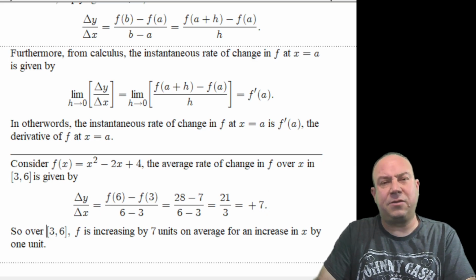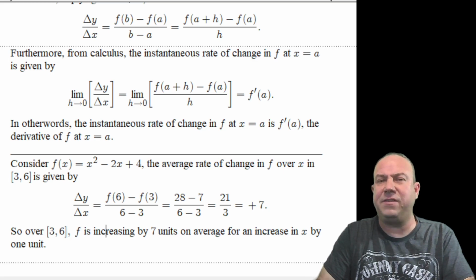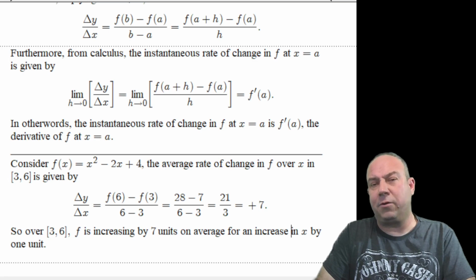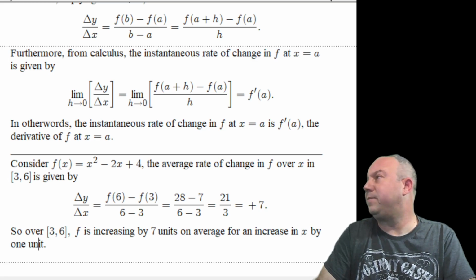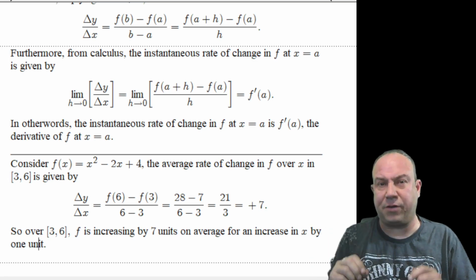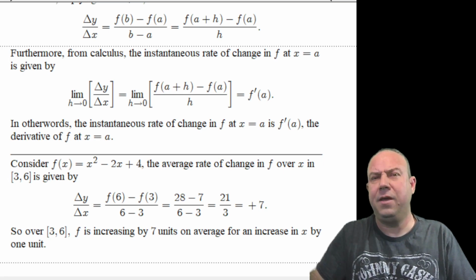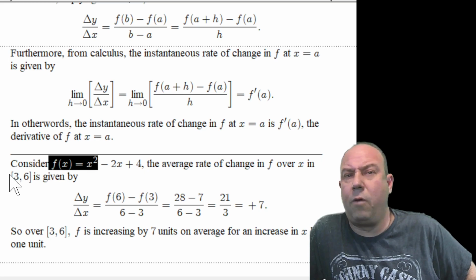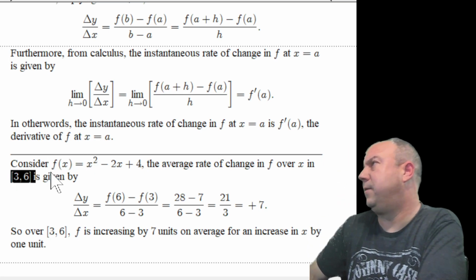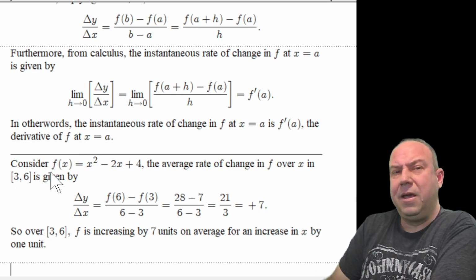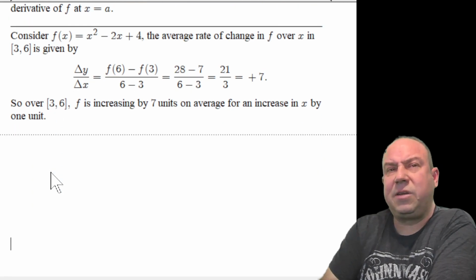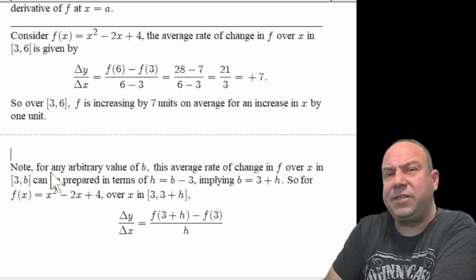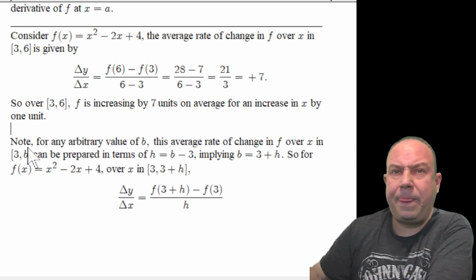And what that means is over this interval from 3 to 6, f is increasing by 7 units on average for an increase in x by 1 unit. That's the average rate of change calculation here, the average rate of change in our function f over this interval from 3 to 6. Now we could set this up over some interval from 3 to some arbitrary distance away from 3.